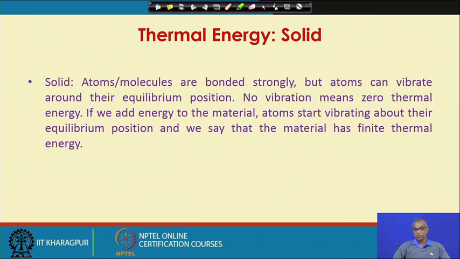When there is no vibration of atoms or molecules around their equilibrium position, we say the thermal energy associated with the material or the molecules is 0. Now, if we add energy to the material, atoms start vibrating about their equilibrium position and we say that the material has finite thermal energy.